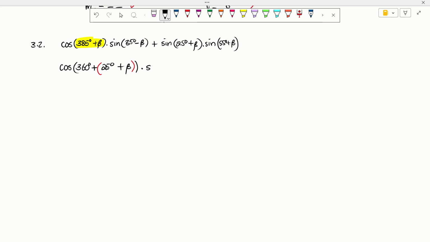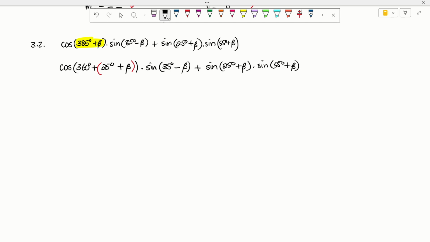Multiply by sine. This one I'll just leave alone for now. I'll see if I need to change anything, but I'll leave it like this for now. And then plus sine of 25 degrees plus beta. The rest I'm just going to leave alone. Sine of 55 degrees plus beta.